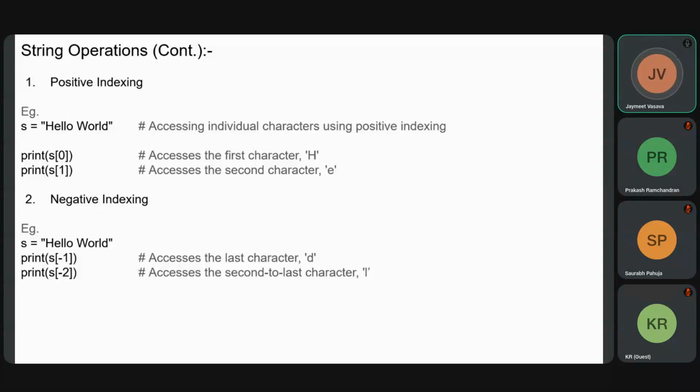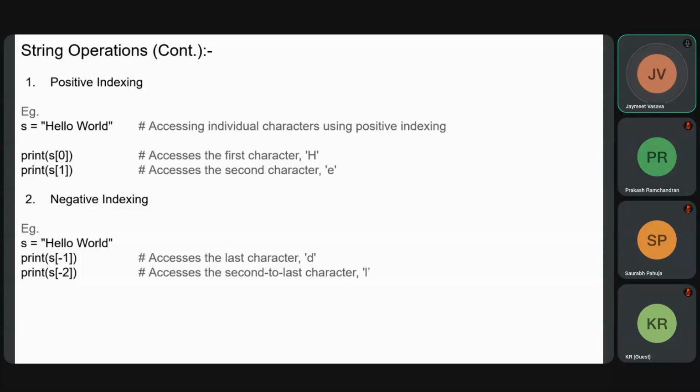Now comes the negative indexing. As in the range, we discussed the stride, and its purpose was to use it in reverse. This is a similar kind of thing: when you use a negative index, it will print from the back end, or the last.